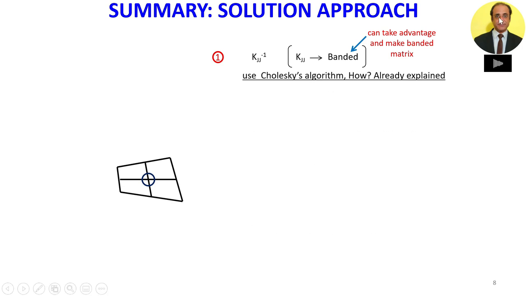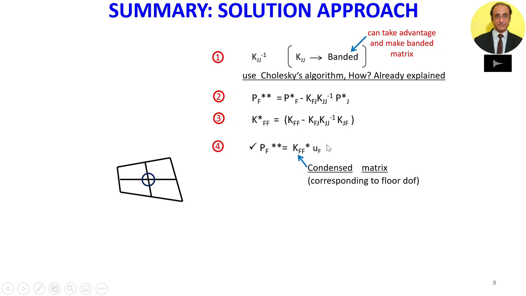Then after this, we find the condensed force vector. Then we find the condensed stiffness matrix. Then we solve the system of equations, the condensed force vector equal to the condensed stiffness matrix multiplied by the displacements of the floor degrees of freedom.